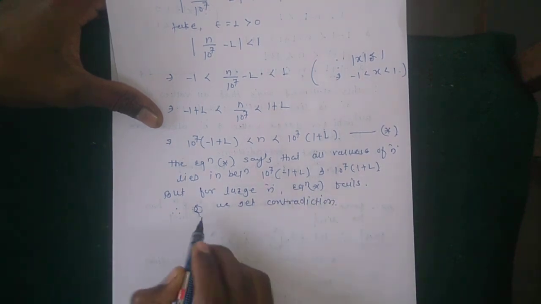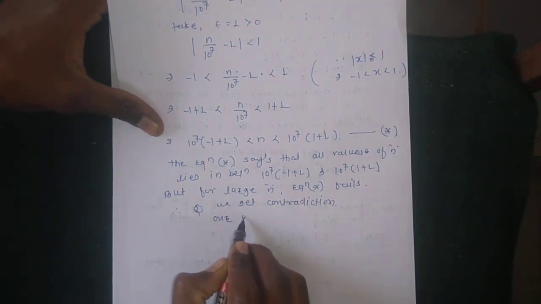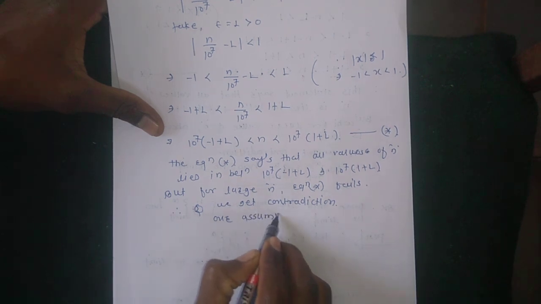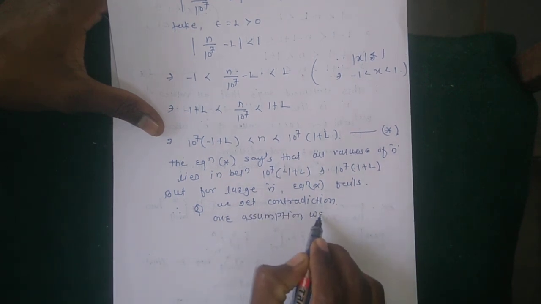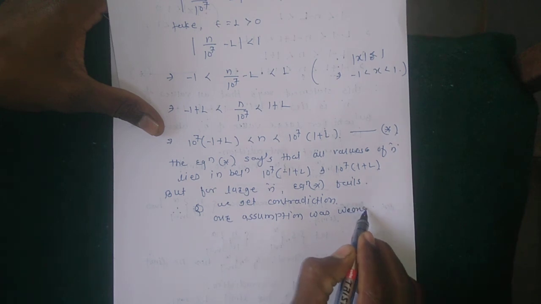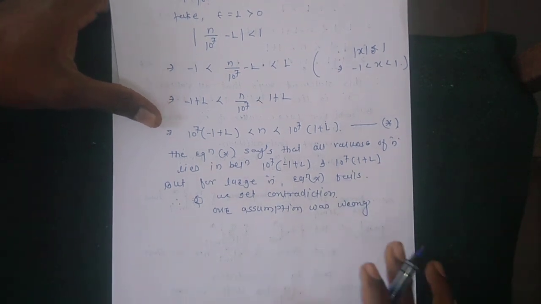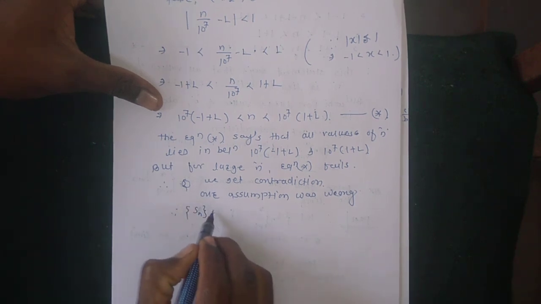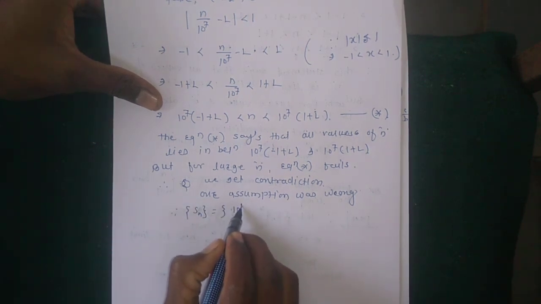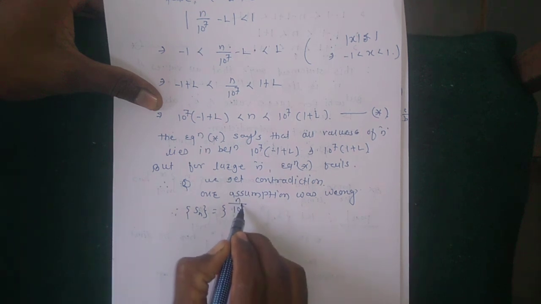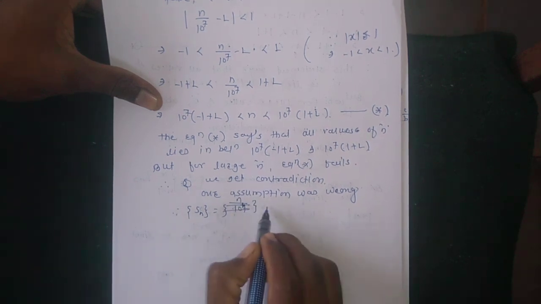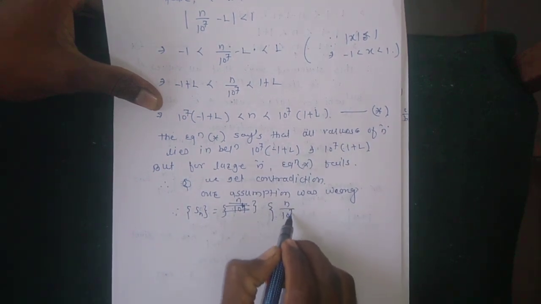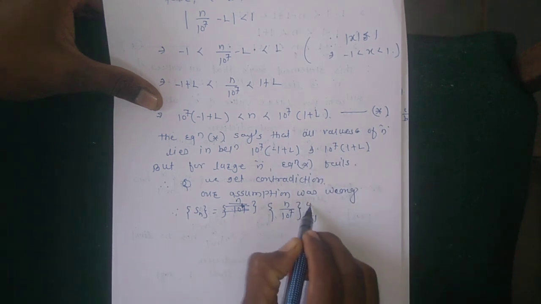Okay, and therefore our assumption was wrong. Means our assumption that the given sequence has a limit is wrong. Therefore the given sequence Sn equal to n divided by 10 raised to 7 has no limit.